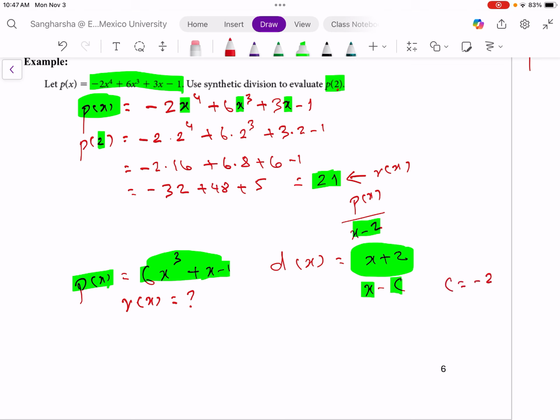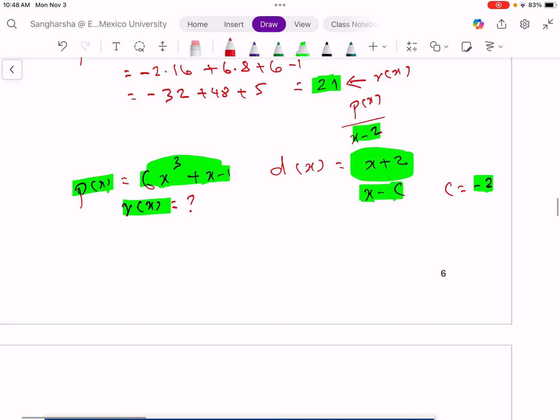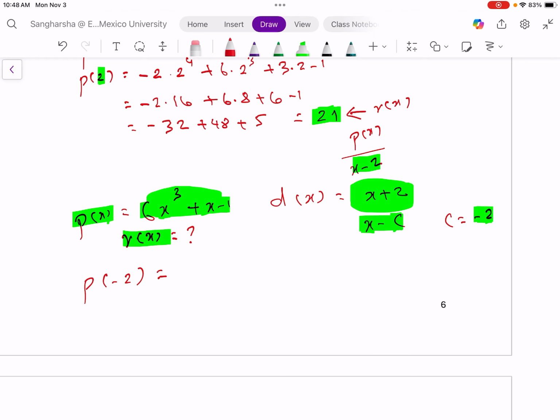So if your divisor is in x minus c form, to find the remainder, you replace every x of the polynomial by this c. It means you find p of c, which is p of minus 2. So let's find p of minus 2, which is 6 times minus 2 cubed plus minus 2 minus 1.